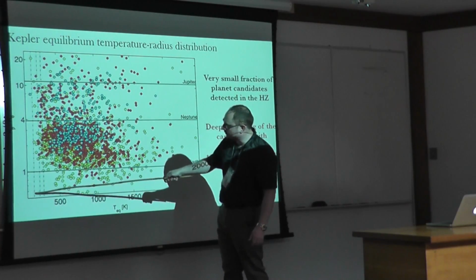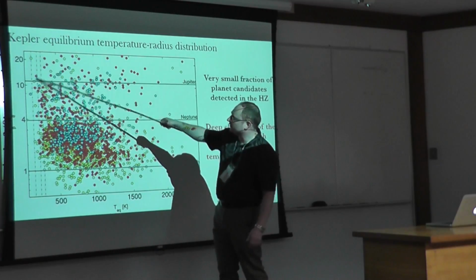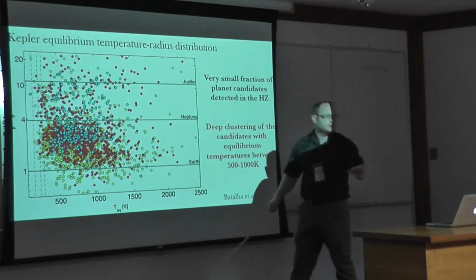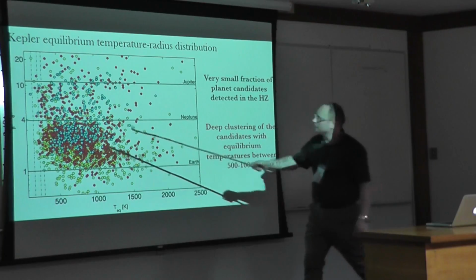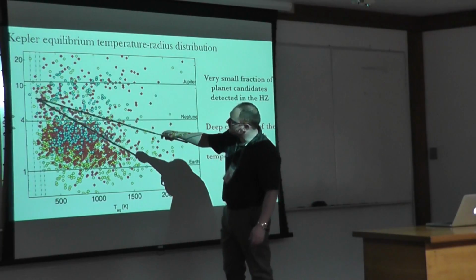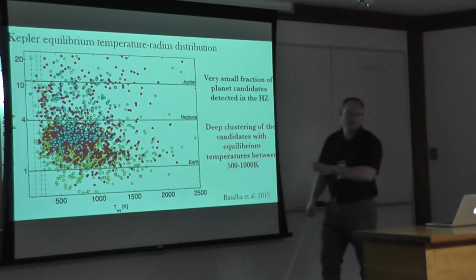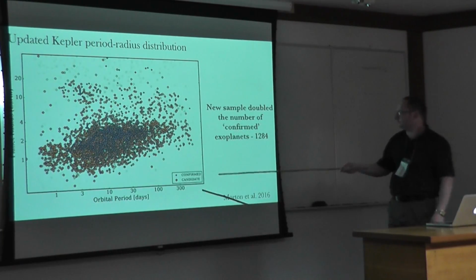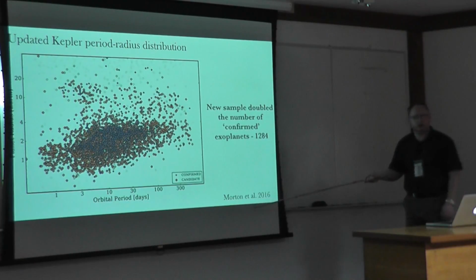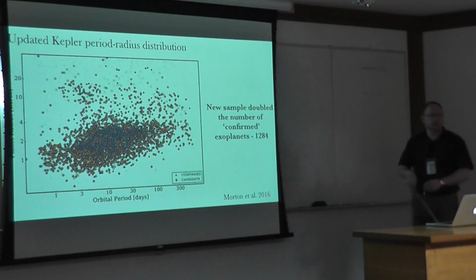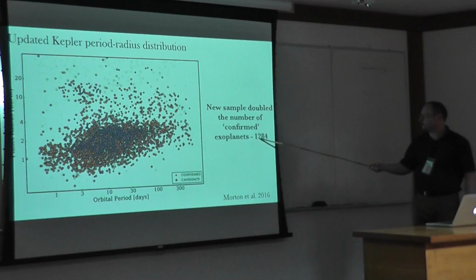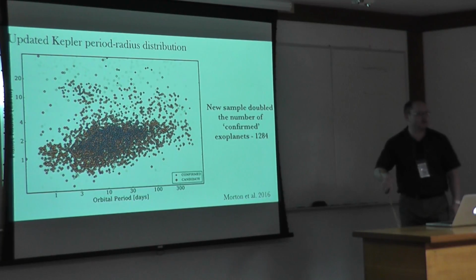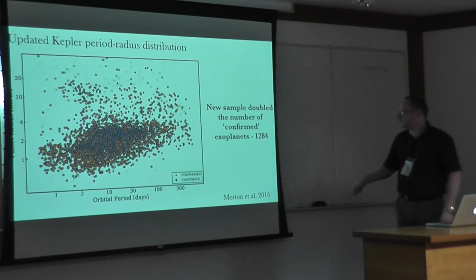This is marked here by these lines, the inner and outer boundaries, depending on what you believe the habitable zone is. But there's only a handful, at least at the time of this publication, and it should be a bit more populated by now, because there was a paper by Morton just this year that doubled the sample of confirmed exoplanets, up to over 1,200, confirmed statistically.